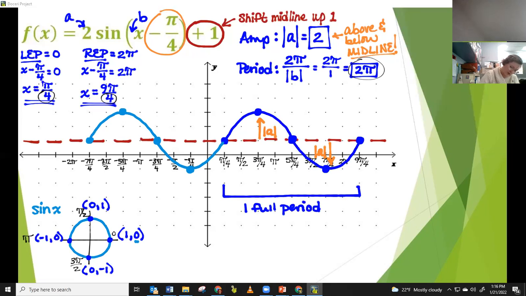Awesome. Okay. What is the domain for this? What is our domain? Negative infinity to positive infinity. What about my range?